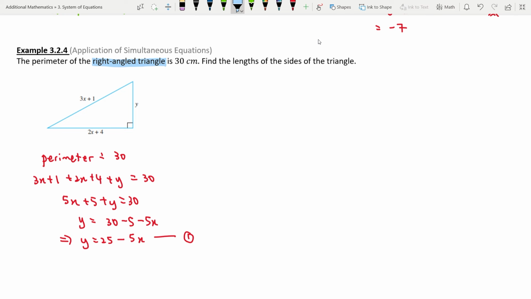Hence, we can apply Pythagoras theorem on this triangle. y squared plus (2x plus 4) squared is equal to (3x plus 1) squared. In case you've forgotten, if this is the triangle and this is a, b and c, a squared plus b squared is equal to c squared.